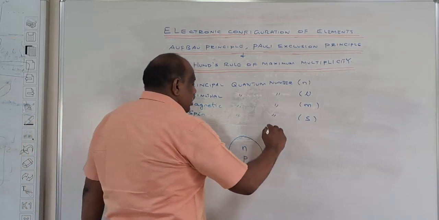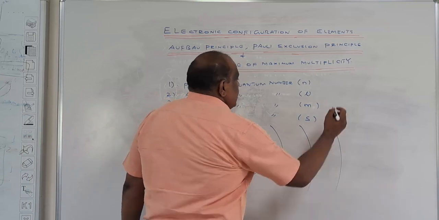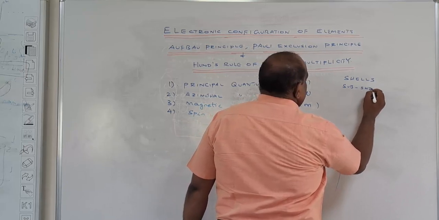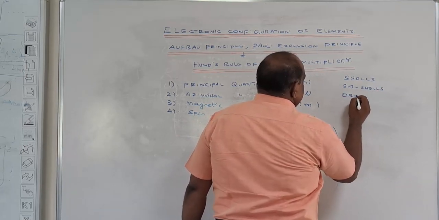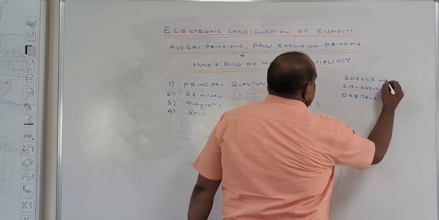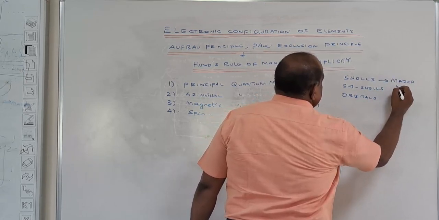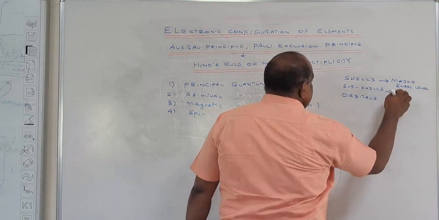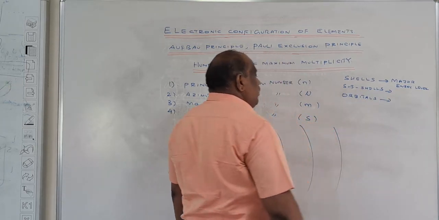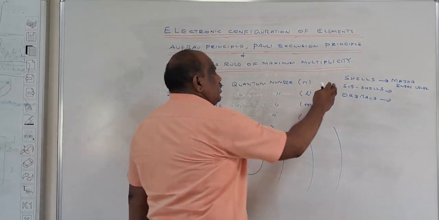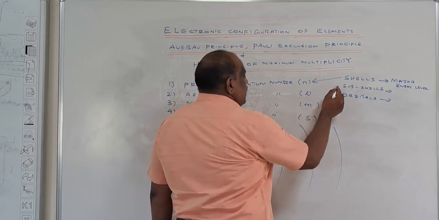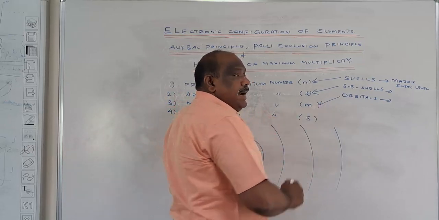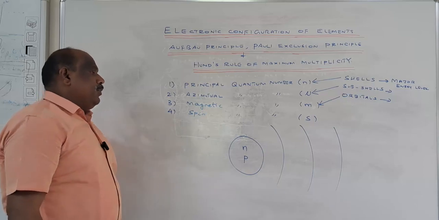And the electrons will be in the various orbits, or we can call them shells, subshells, and then orbitals. The shells are called the major energy levels. Then the secondary energy levels, these are the orbitals corresponding to the magnetic quantum number. Or I can say the shells correspond to the principal quantum number, the subshells correspond to the azimuthal or secondary quantum number, and the orbitals correspond to the magnetic quantum number.